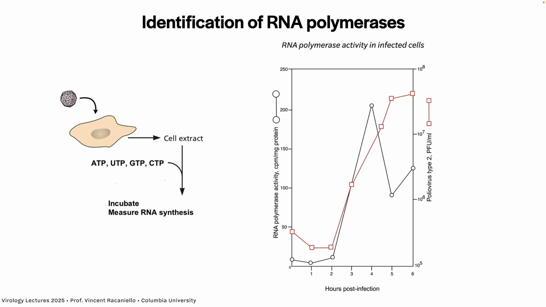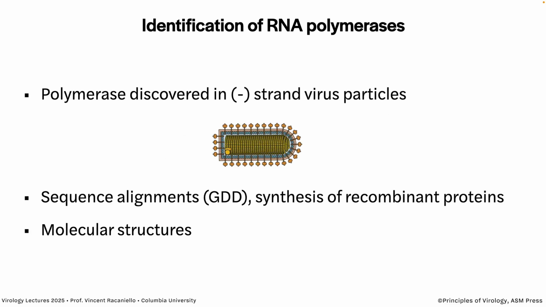Of course, people knew that DNA could be copied into DNA or RNAs of various sorts. But people didn't know that RNA could be copied into RNA. The next step was the finding that RNA polymerase was found in particles of negative-strand viruses. Remember, negative-strand viruses have the opposite of mRNA.